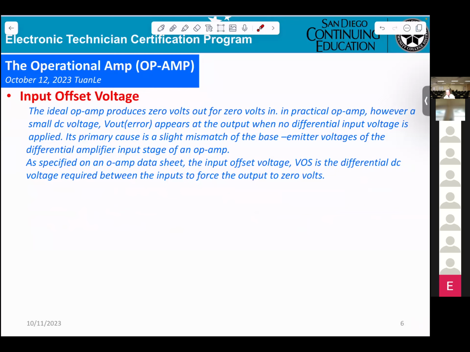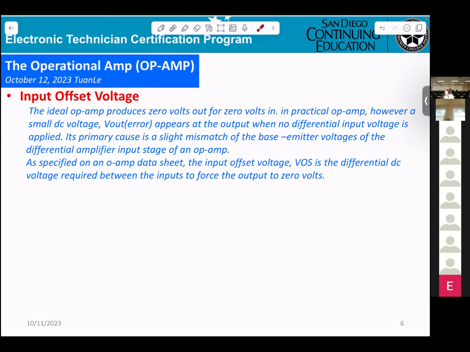That's why they talk about offset voltage. In a practical op-amp, a small DC voltage, Vout error, appears at the output when no differential input voltage is applied.